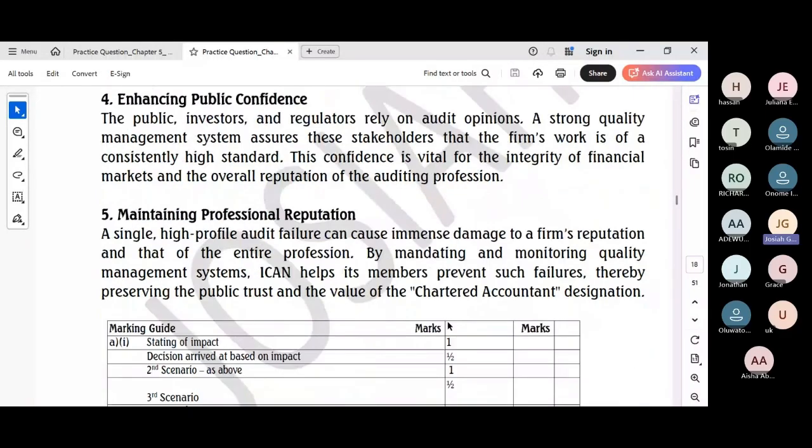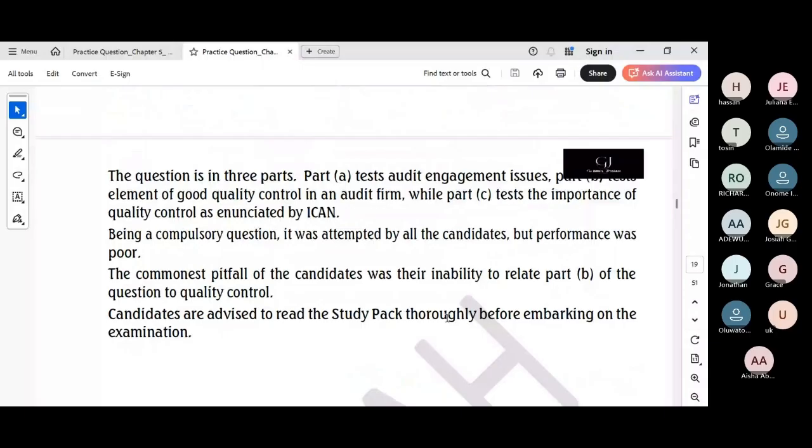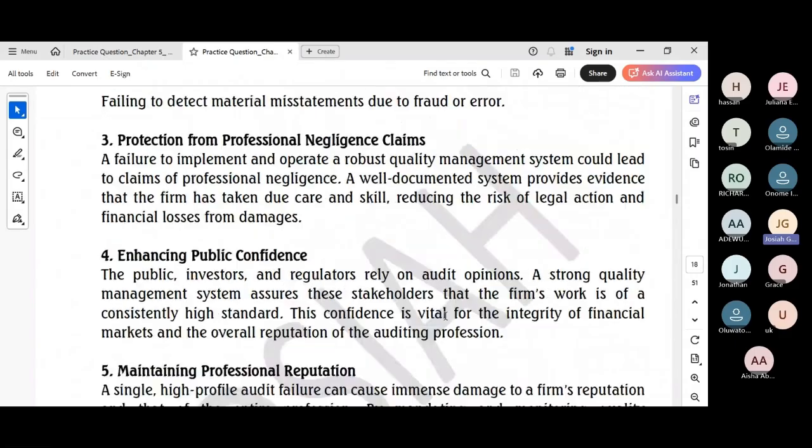So I think the three-part question has the marking key stated there graphically. Okay, so read it carefully and apply it to the scenario.